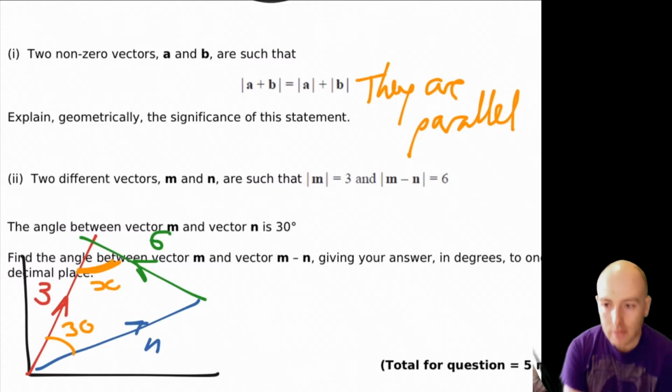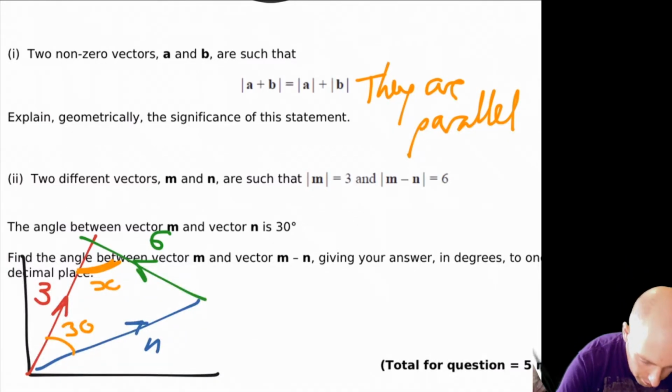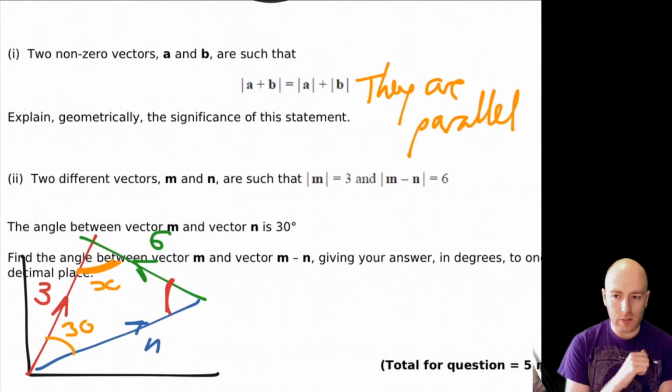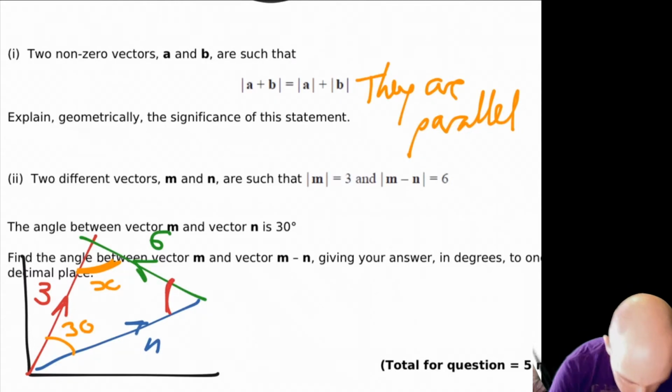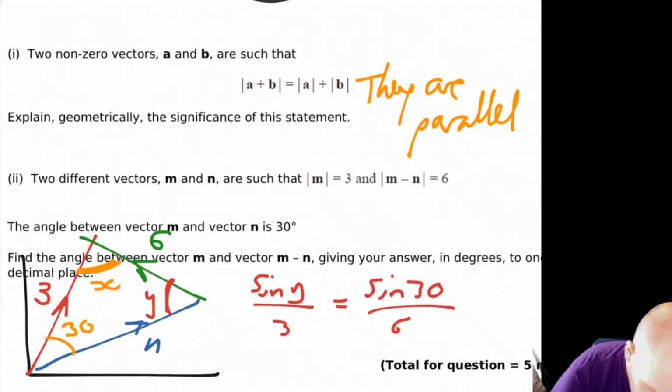Let's call it X. So the trick to this is using the sine rule to find this angle, and then use that angle to find X. So we're going to do sine rule to start with. If I call this one Y, sine Y over 3 equals sine 30 over 6.